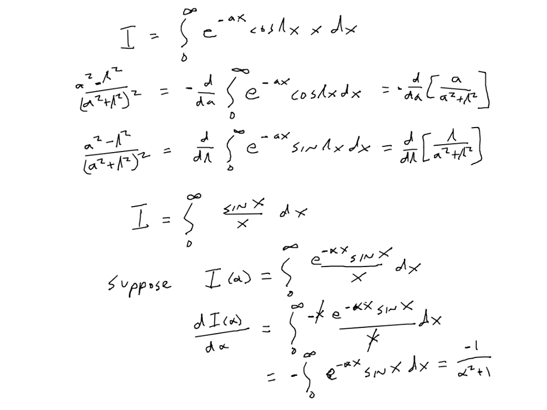Then when I want to solve the integral, I just have to take the integral of that. So I take the integral of dI of alpha, d alpha, is equal to I of alpha, which is equal to taking the integral, or sorry, I should put a d alpha in here, of minus 1 over alpha squared plus 1 d alpha.